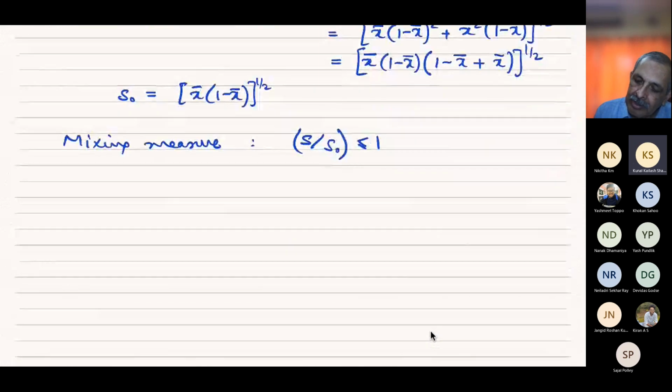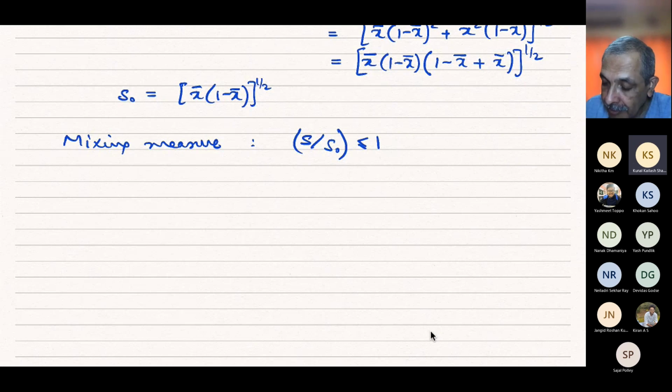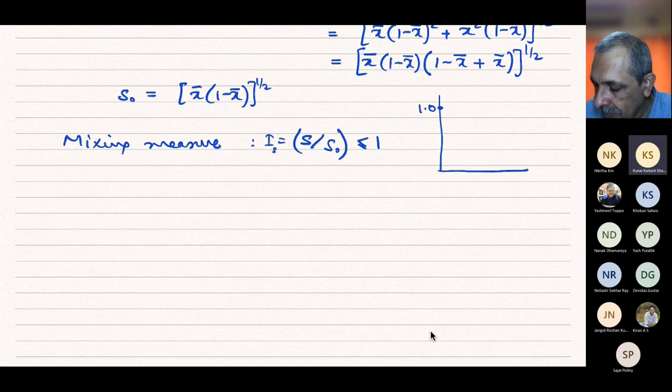So the highest value that this S can take is S0, for complete segregation, and when it's perfectly mixed, it will go to 0. So you can start with 1.0 for this measure. Let's call this I, intensity of segregation. So it starts with 1 and then it goes to 0, or it may go to 0 in a slow way also. Depending on this, it may go something like this.